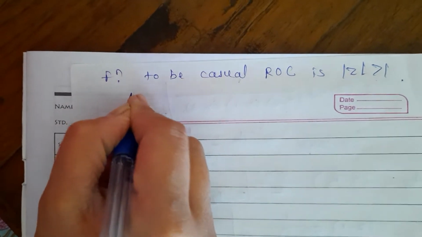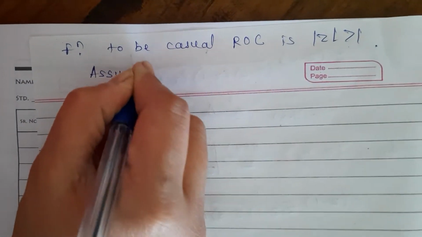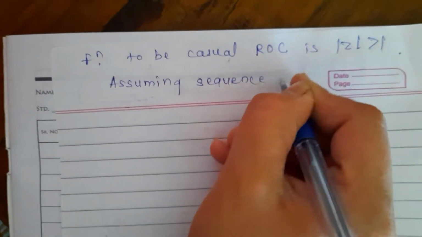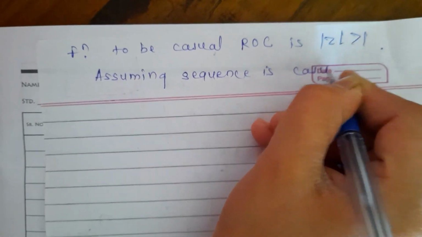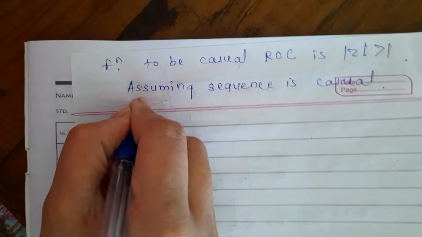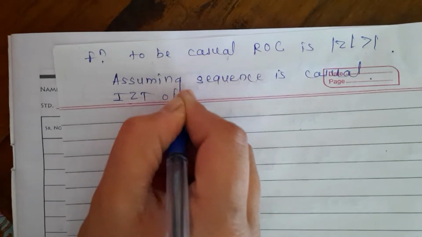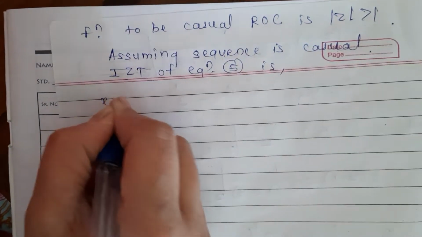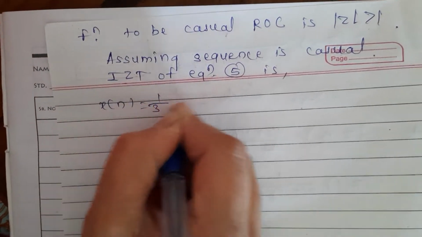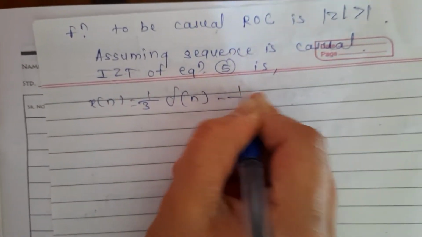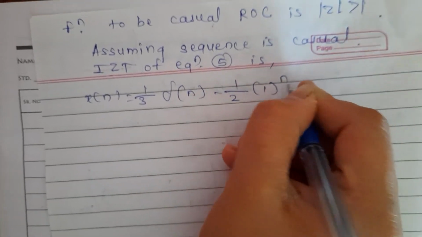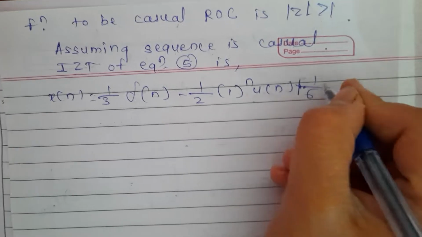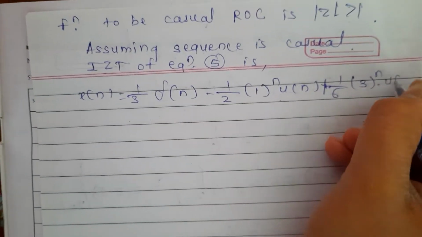So assuming the sequence is causal, IZT of equation 5 is x of n is equal to 1 by 3 delta of n minus 1 by 2 into 1 raised to n u of n plus 1 by 6 into 3 raised to n u of n.